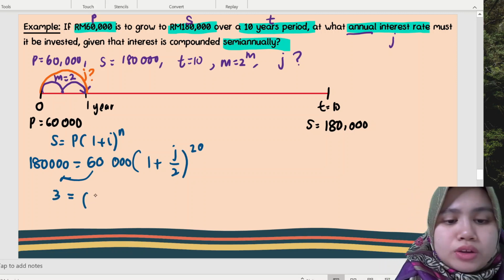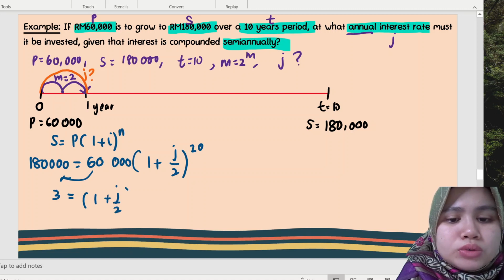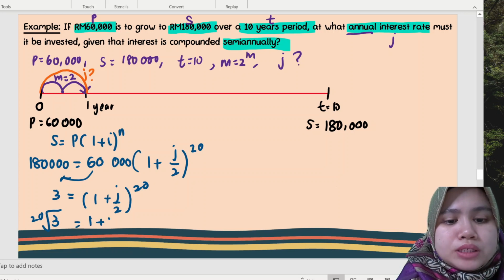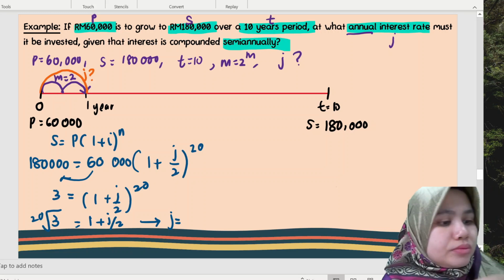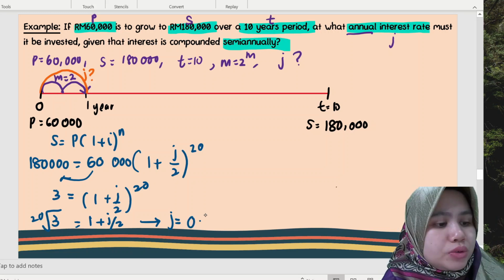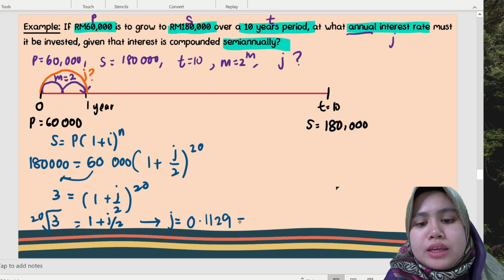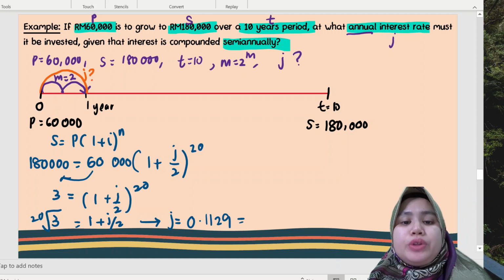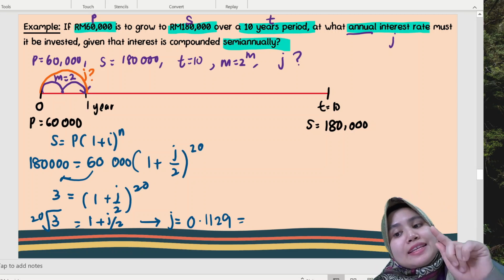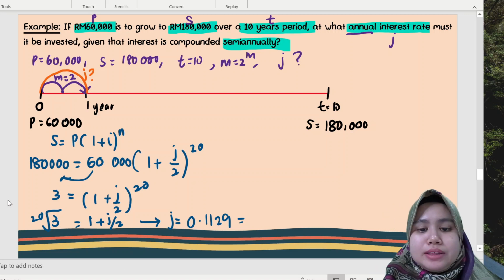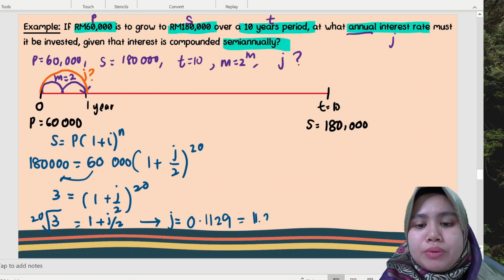You have 1 plus J over 2 to the power of 20, so 3 root 20 equals 1 plus J over 2. At the end you will get J equal to 0.1129. Please, for the rate, put your final answer in percentage. So it is 11.29%.